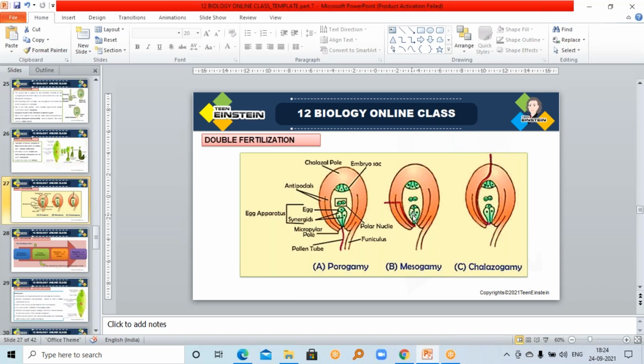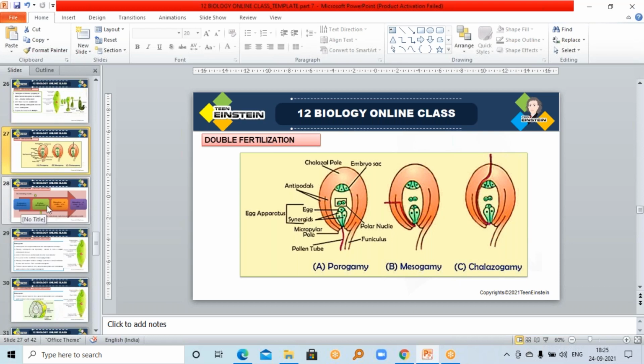So if the pollen tube enters through integuments, it is called mesogamy. Example is Cucurbita. And for chalazogamy, Casuarina is the example. So there are three types of pollen tube entry: porogamy through the micropylar region, mesogamy through integuments, and chalazogamy through the chalazal end. Clear?